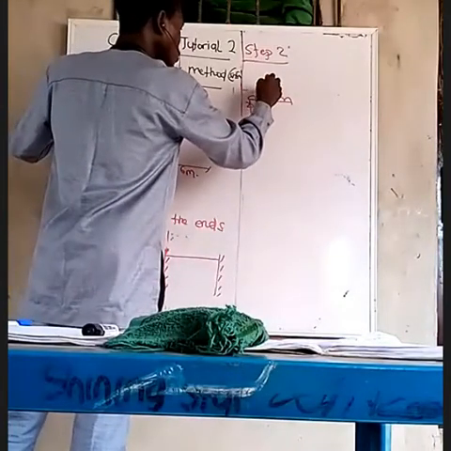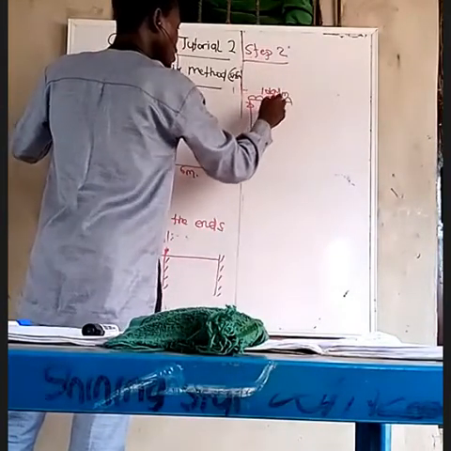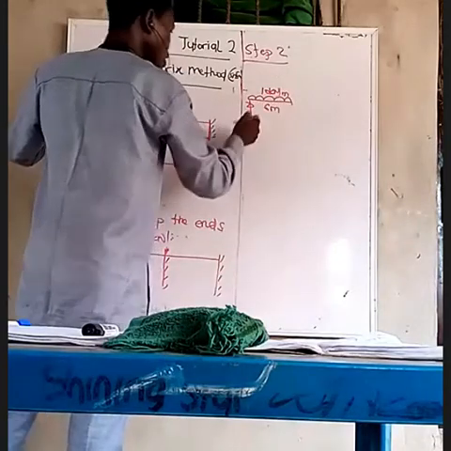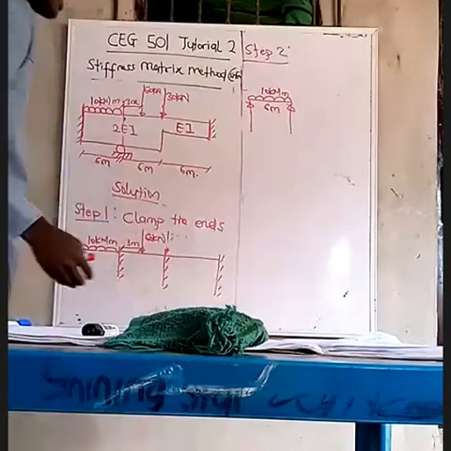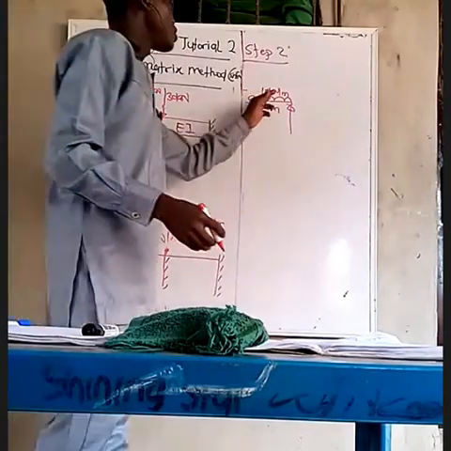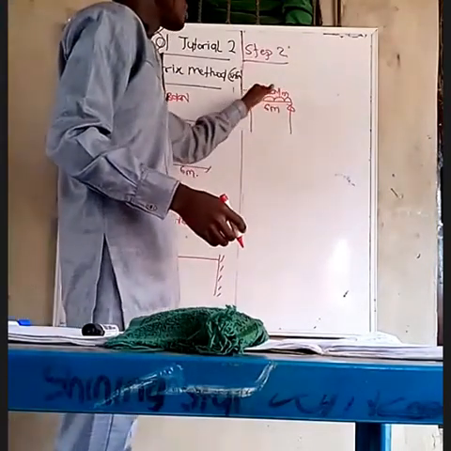The second diagram that I drew: WL over 2. This is 10 kilonewton per meter, and this is 6 meters. If you are taking this part alone, you are bringing it out.